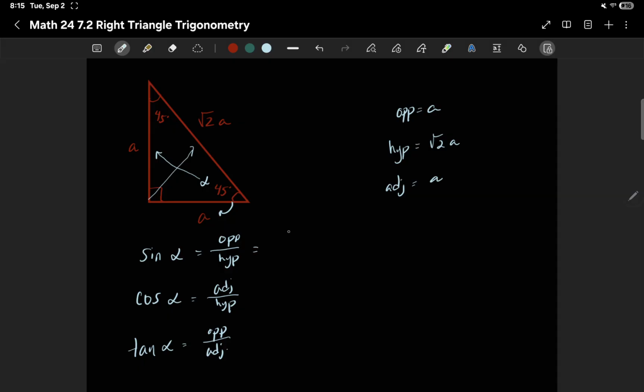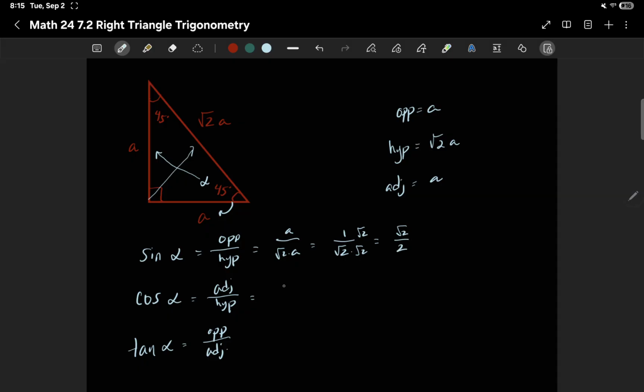So sine of alpha, opposite is A over hypotenuse, which is root 2 times A. The A's cancel, giving us 1 over root 2. If we wanted to rationalize this, we multiply the top and bottom by root 2, which gives us root 2 over 2.